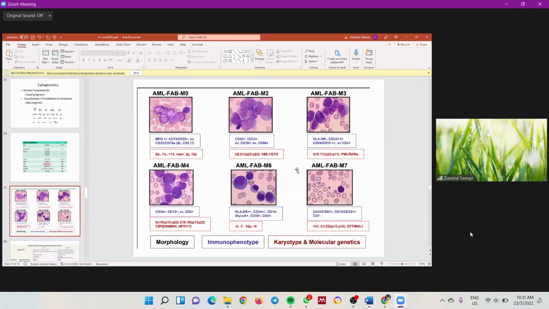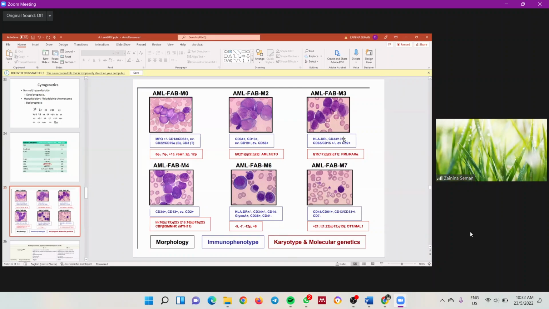So this is just a summary slide consisting of the morphology, the immunophenotyping, as well as the karyotype. This karyotype is very advanced for you, but this is just to display that they can have any kind of karyotype, or many mutations.